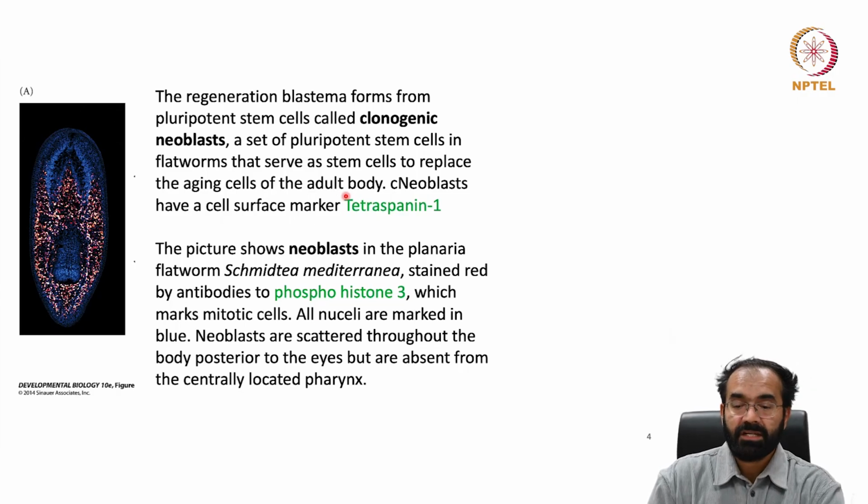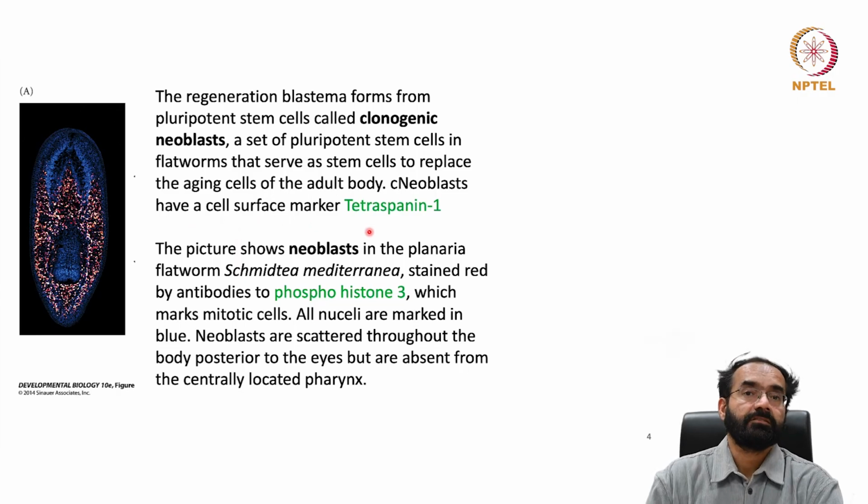The same process is happening in planaria, not just for skin, but for every tissue, every organ in its body, and it is done by the clonogenic neoblasts. They have a cell surface marker: clonogenic neoblasts have a cell surface marker called tetraspanin 1. This is the name of the protein that acts as a marker for these neoblasts.